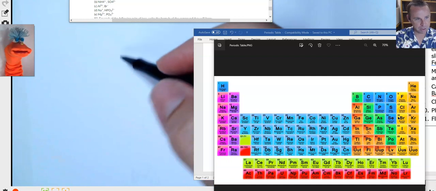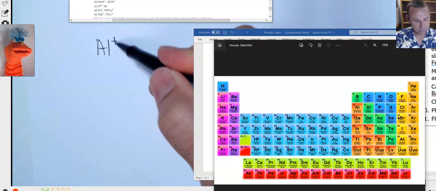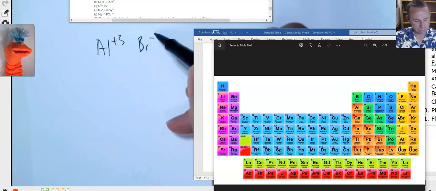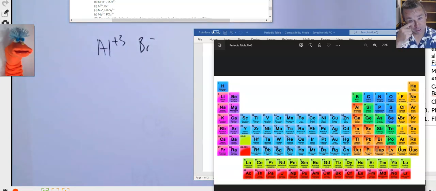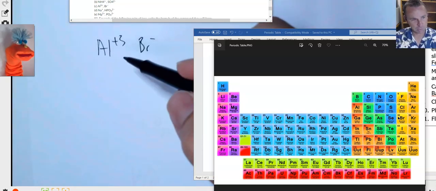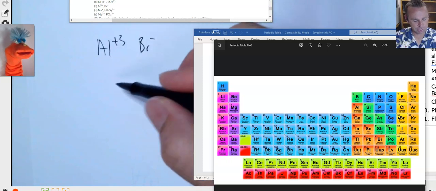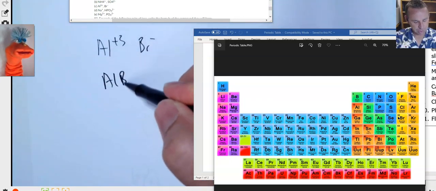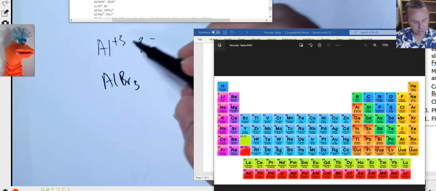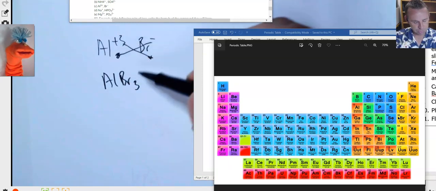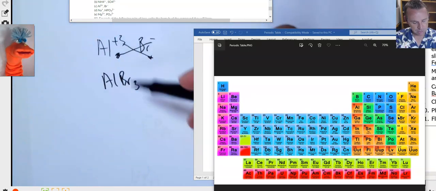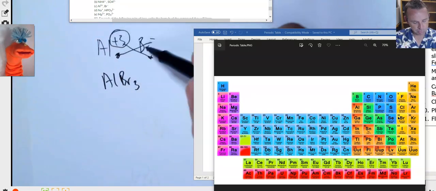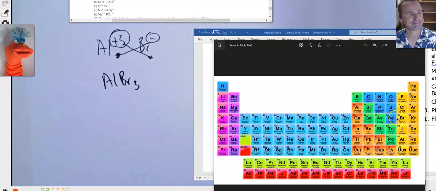So we have aluminum, Al 3+ and Br 1-. What does that mean that we need? We need three of the bromide ions and one aluminum. Very good. We're going to need AlBr3. The crisscross rule works really well in that scenario, or you can just see that we have a 3+ and a 1-.